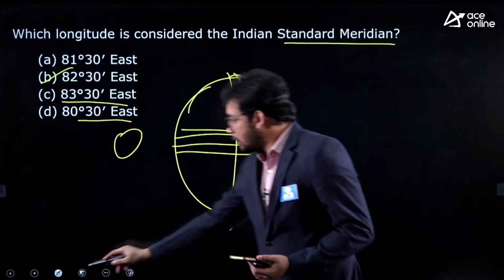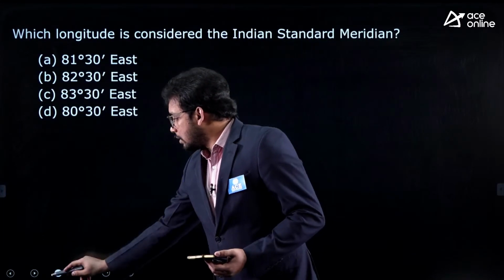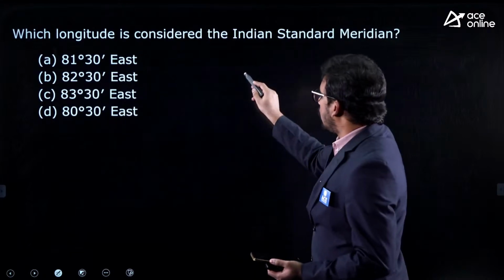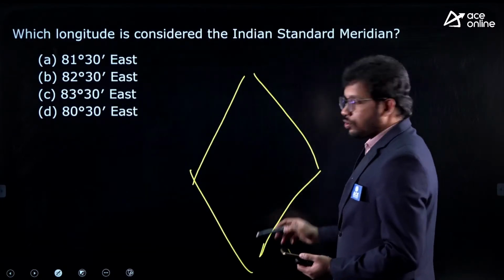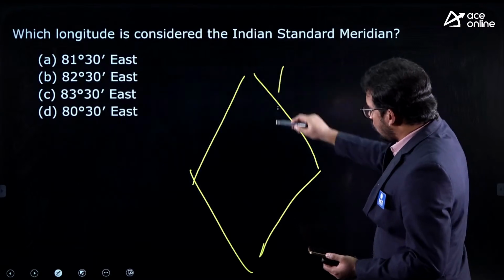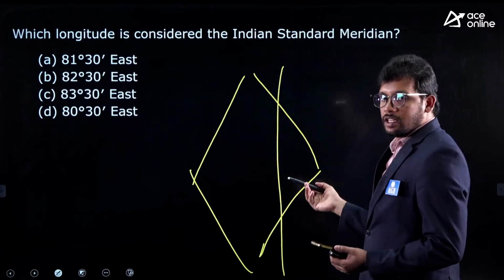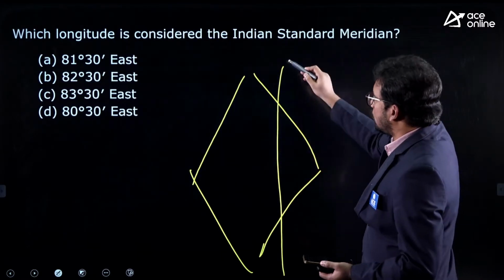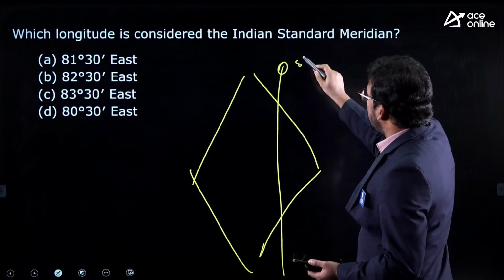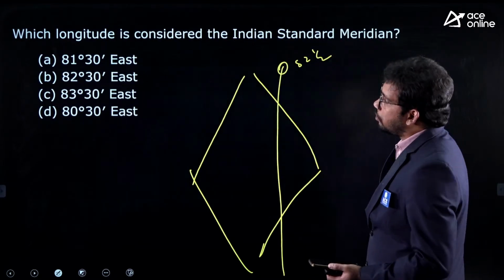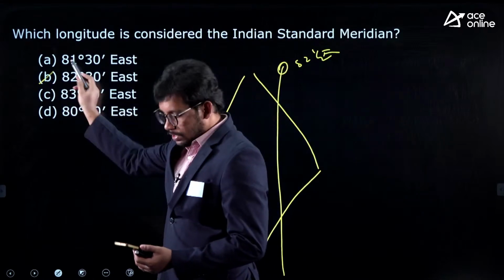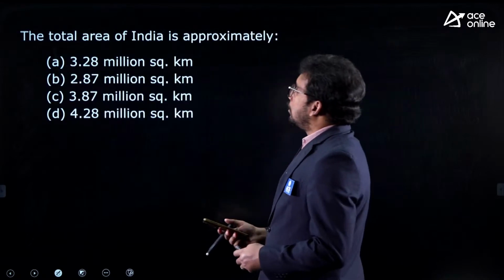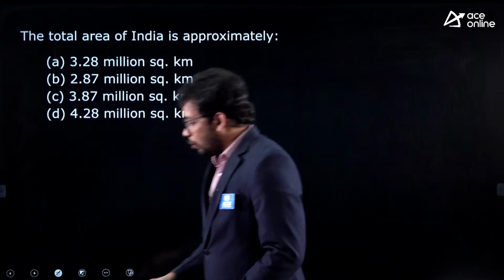If you take India as a map, let us assume this is India. Here we have a longitude, and as we are in the eastern hemisphere, all the options are east only. So this is 82.5 degree east longitude. So the answer is B.